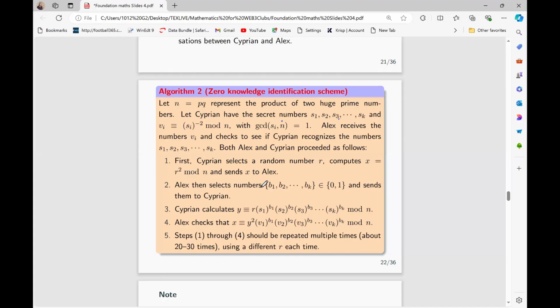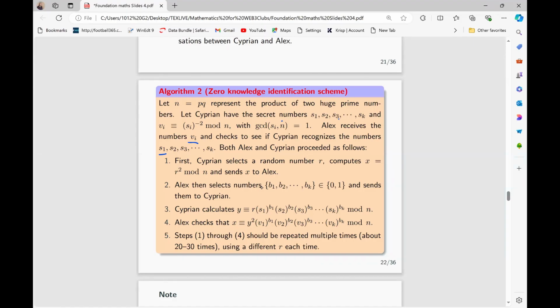Claim to Alex that you know what S1 is, what S2 is, and so on. So Alex wants you to prove. On receiving this, he wants to check whether you indeed know S1, S2, and so on. So it's now your time to prove.